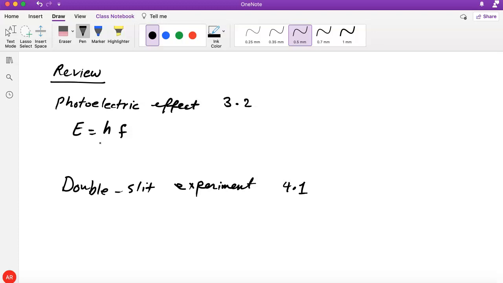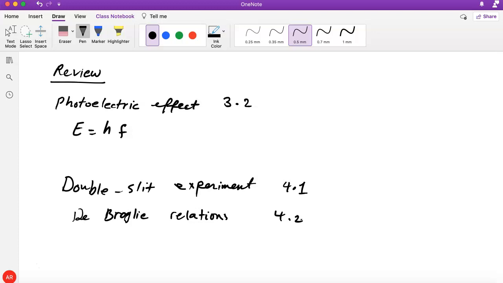So we had the de Broglie relationships. A good place to read about them is in section 4.2, properties of matter waves. So the de Broglie wavelength, for example, is discussed there.